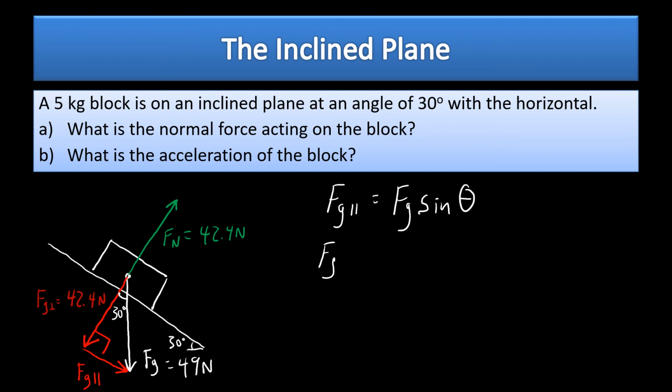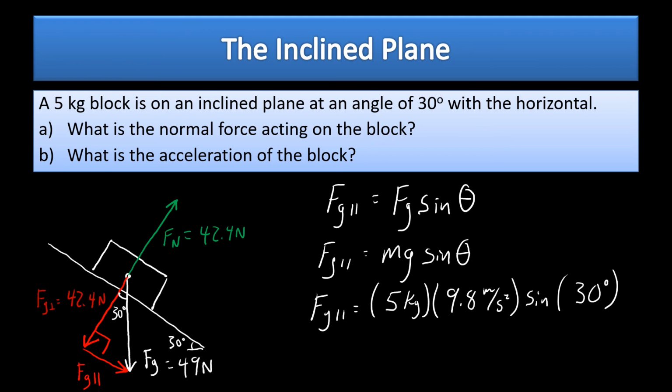So F_G parallel is equal to mg sine theta. And now we can plug in our numbers. And now we solve and we get the parallel component of F_G is equal to only 24.5 newtons.